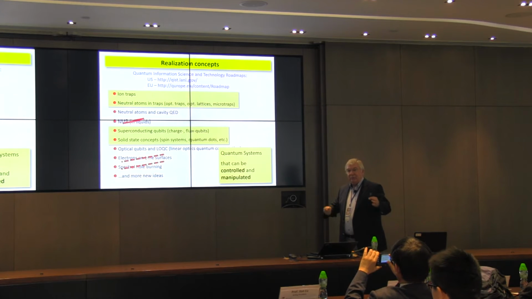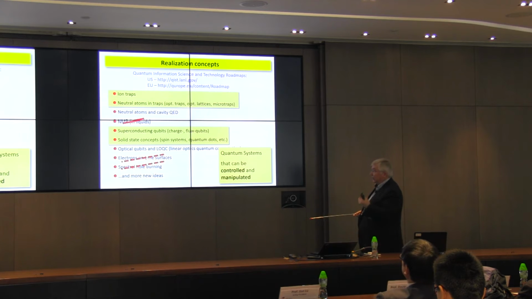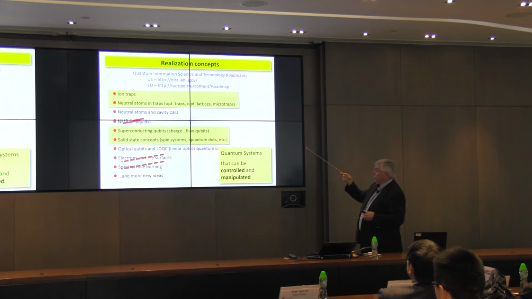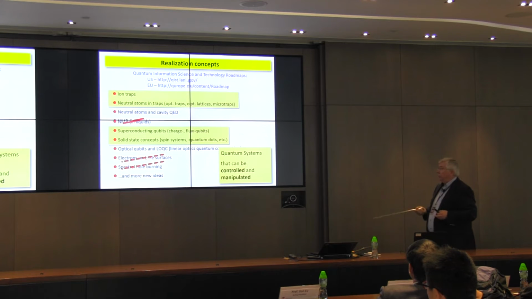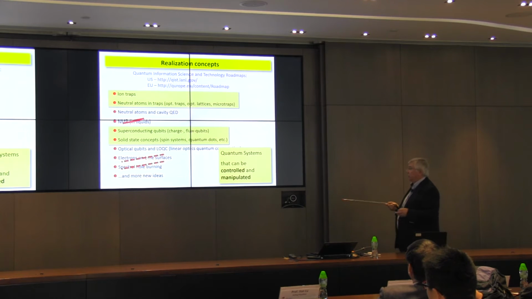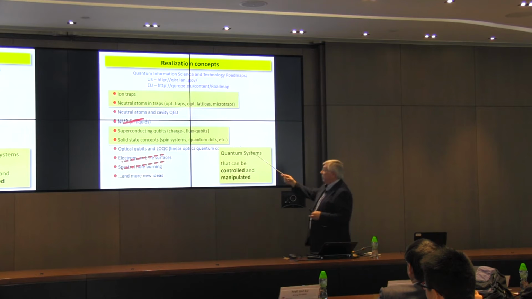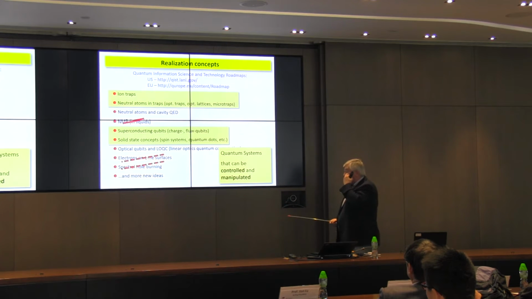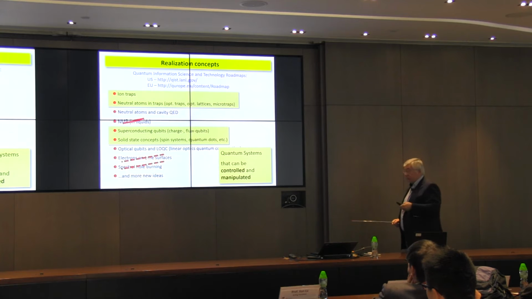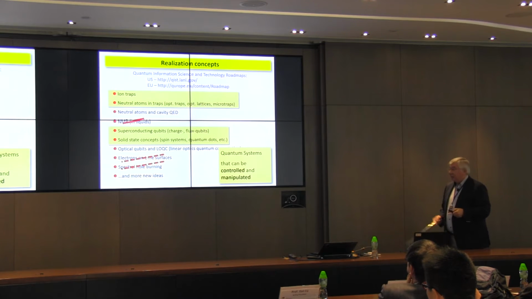There are others that may still be suitable, but they have some drawbacks and are no longer technically so favorable. It's ion traps, there are some neutral atoms and traps, there are superconducting qubits, we've heard about this morning. We won't have the opportunity to hear more about this. They come in various flavors, and there are other solid-state concepts like spin systems and quantum dots. So let's just look at these technologies, and in particular, I will concentrate now on the ion traps.